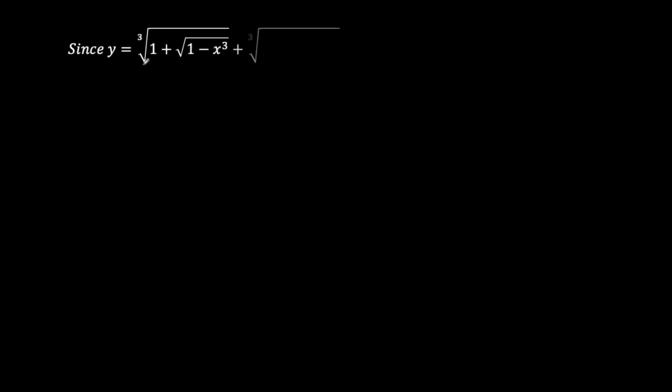Now, since y is equal to the cube root of 1 plus the square root of 1 minus x cubed, plus the cube root of 1 minus the square root of 1 minus x cubed, we've also found that y cubed is equal to 2 plus 3xy. So when x is equal to a third, when you insert a third here, we get y cubed is equal to 2 minus y.